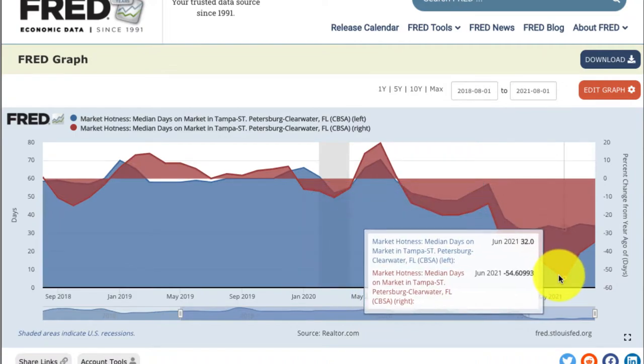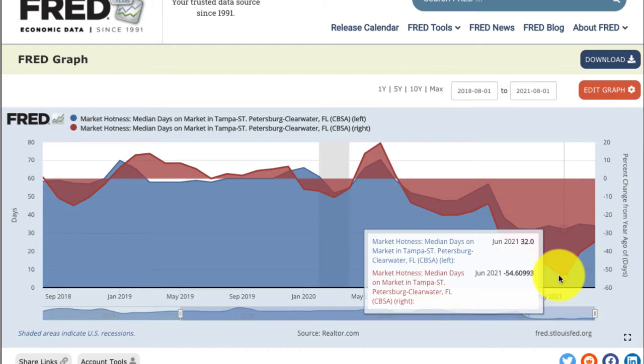Now, if we look going down to June, this is at the time when I was looking to change personal residences and make my primary into a rental. It was very difficult to have an offer accepted, put many offers down. And we could see here, days on market, 32 days was the median average.